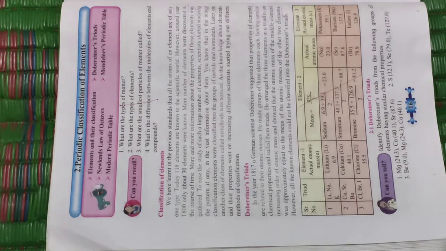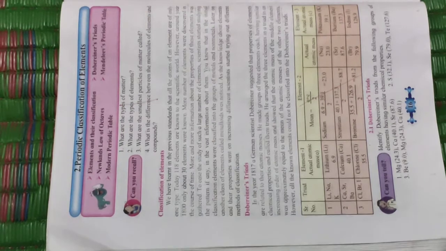The next scientist who tried to classify the elements that we studied was Newlands, with the law of octaves. What did he do in his classification? He arranged the known elements according to the increasing order of their atomic masses.